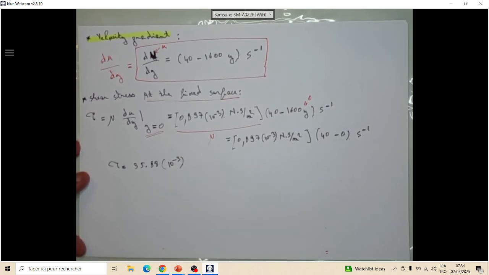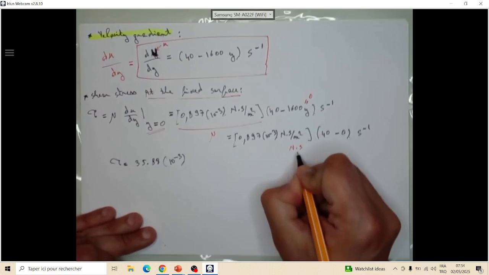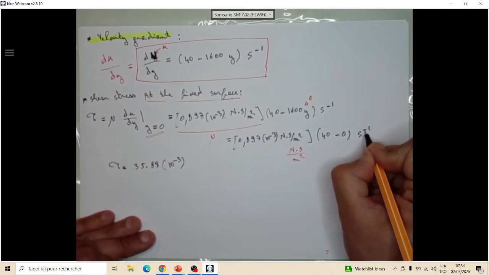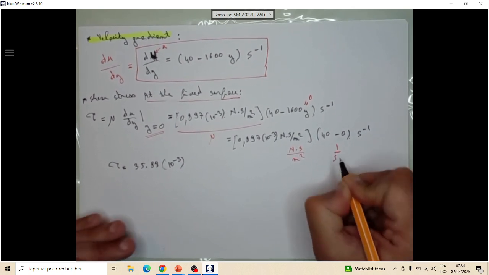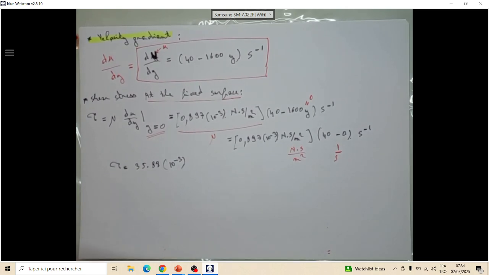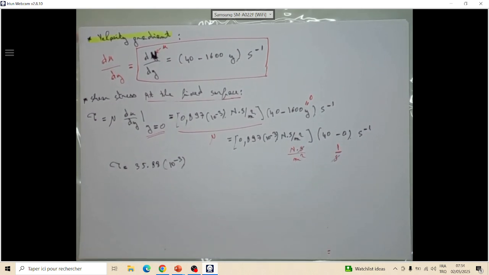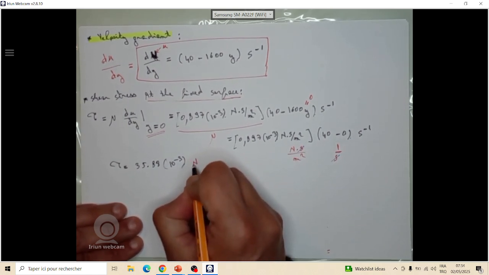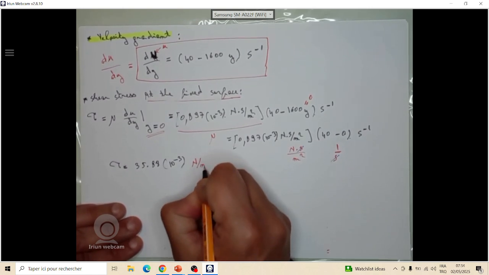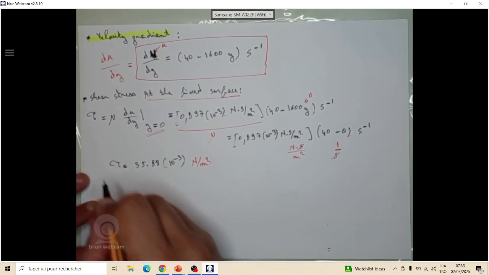For the units, we have Newton second per meter squared and here we have second minus 1, which is 1 over s. The seconds cancel, and it will give me Newton over meter squared. This is the value of tau.